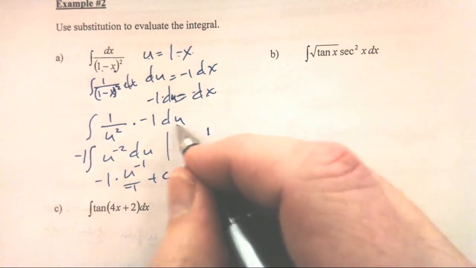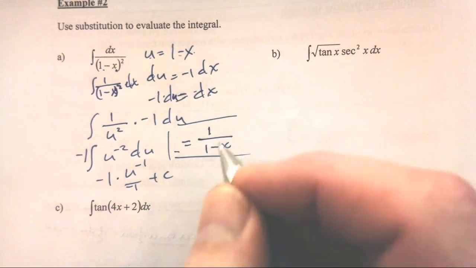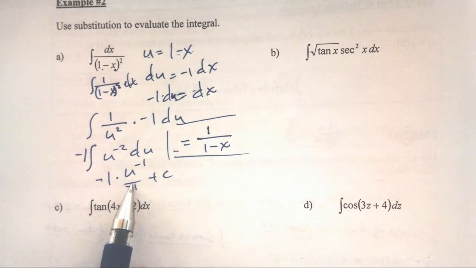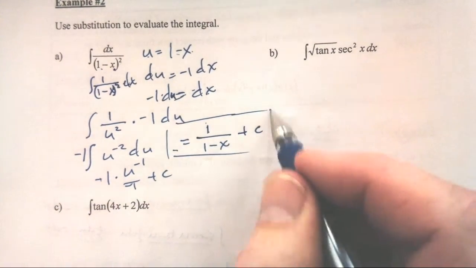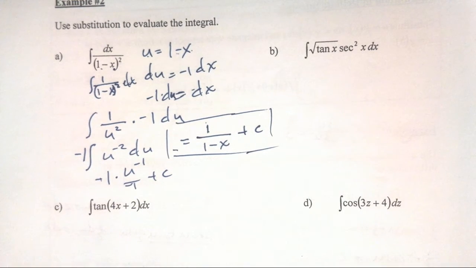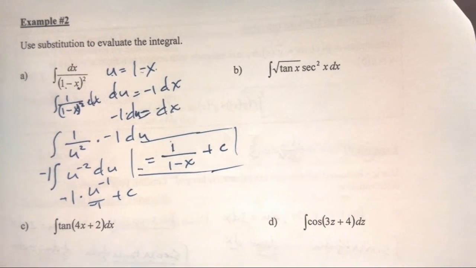So final answer, here we go, got crowded: 1 on u is 1 minus x, negatives cancel, 1 on u plus c. Okay? Well, that's it. I think maybe we could have done that one without u substitution. I'm not sure on this one, though.